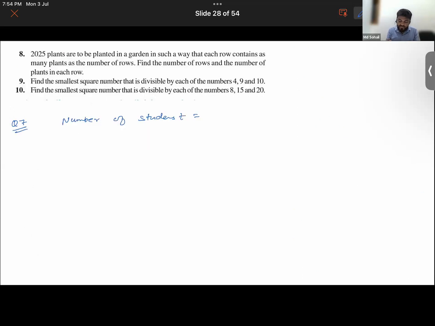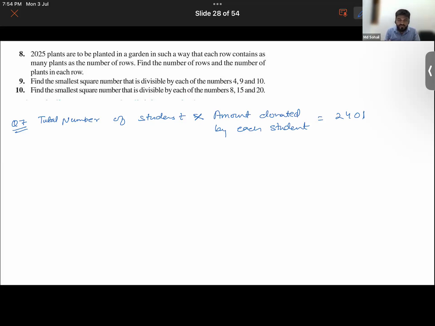So let's say there were a total number of students in the class and the amount donated by each student. So it will be 49 times 49? Yes, that is correct. That is equal to 2,401.